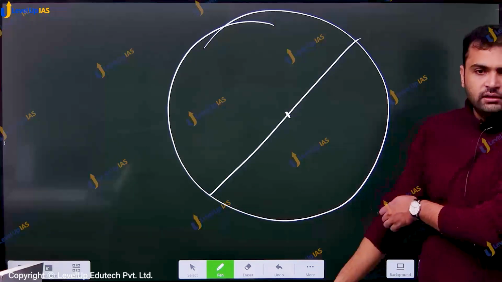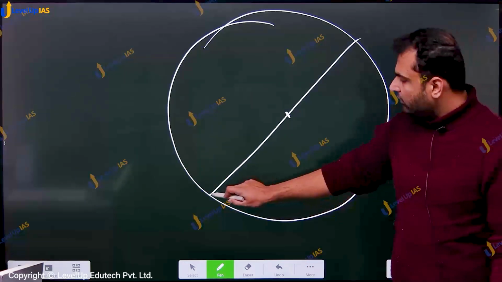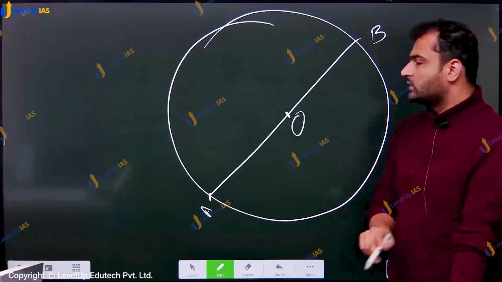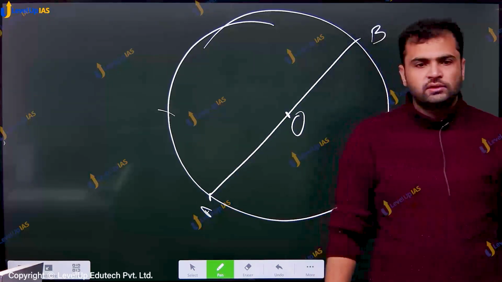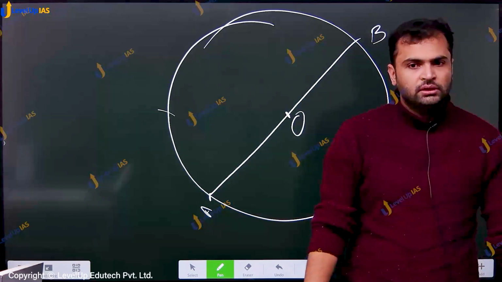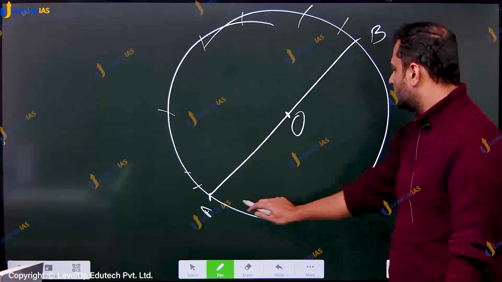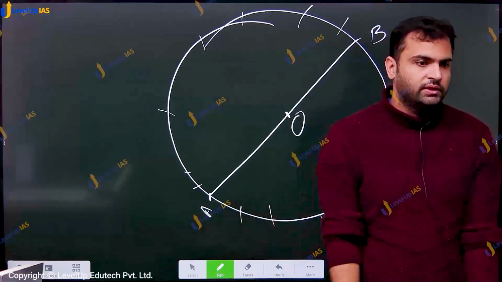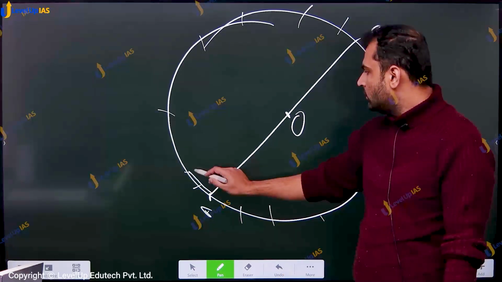This is a straight angle, and we are saying that if these are the endpoints of this diameter, let us say AB, and let us call this center O, and I take any point on this circumference, any point, doesn't matter, wherever you want, and I join this with the 2 endpoints.